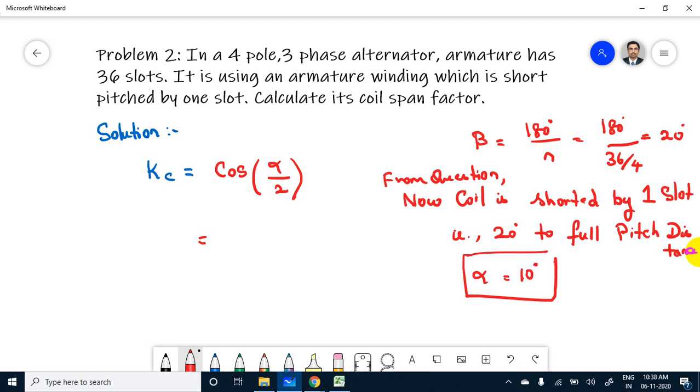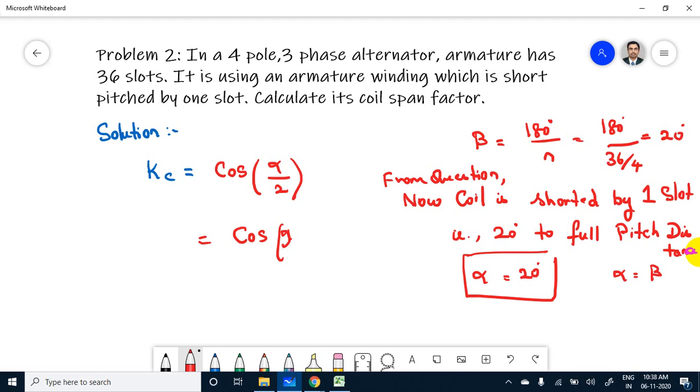Now this value substitute here. Cos of alpha 10. Okay, I'm confusing here, what I am writing is not right. The coil is shorted by one slot, so your total angle beta is 20. During short pitch winding, the alpha value is equal to beta, so alpha equal to 20.